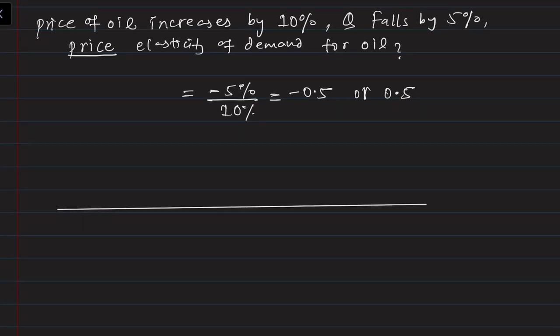So let's say this is -1, this is 0, -2, -3.